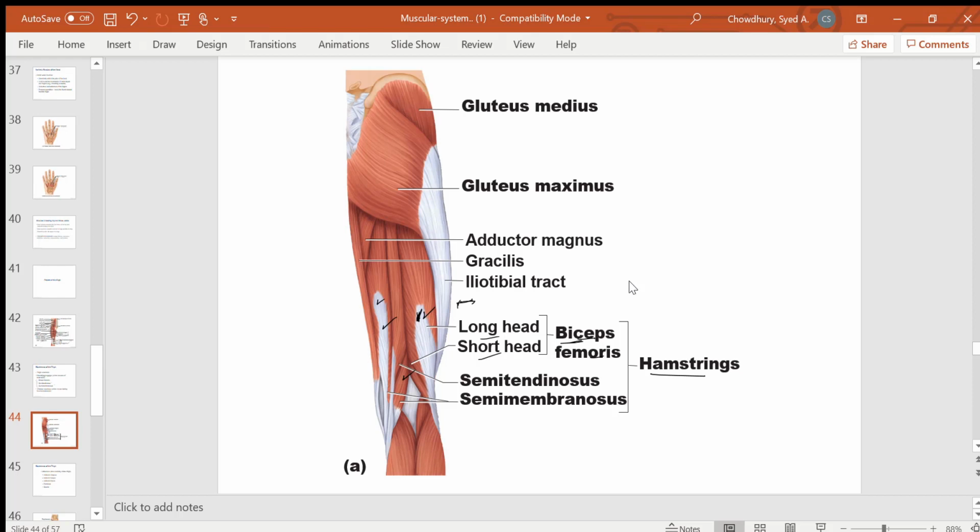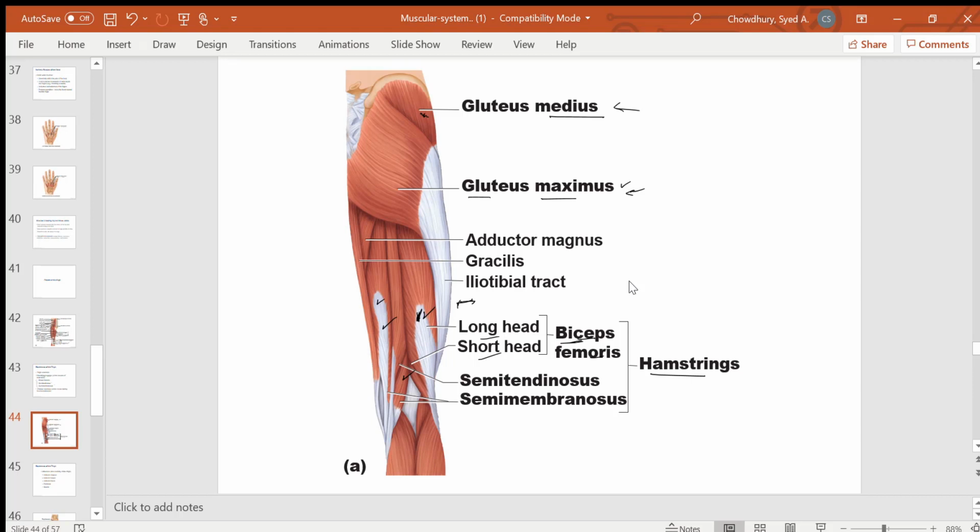Now, in the very upper part of your thigh, in the buttock area, you have a huge muscle, the outer one, called gluteus maximus. Maximus means the largest one. Then under the gluteus maximus, you have the gluteus medius. These two muscles both are used for intramuscular injection too. And under the medius, you have the smaller one, the gluteus minimus. Okay, so three gluteal muscles.